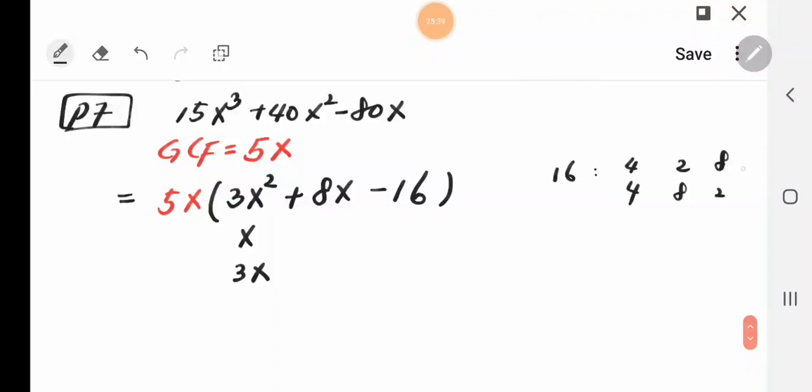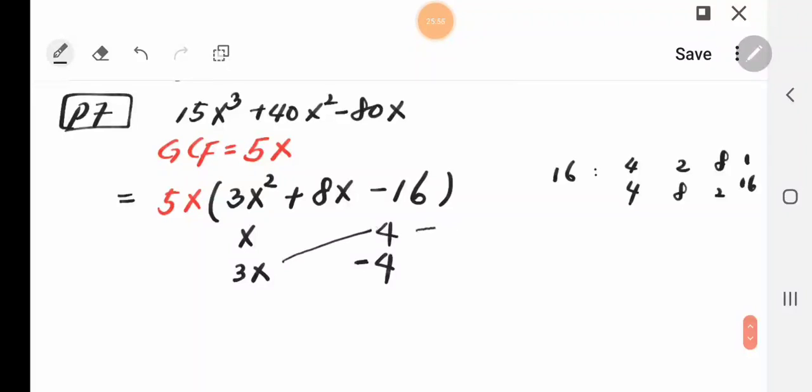Or you can try 1 times 16 or 16 times 1. There are many pairs, so in this case, let's try 4 times 4, and then put the negative sign on either top or bottom. This time I will put it on the bottom.